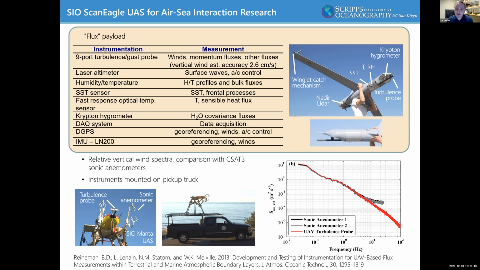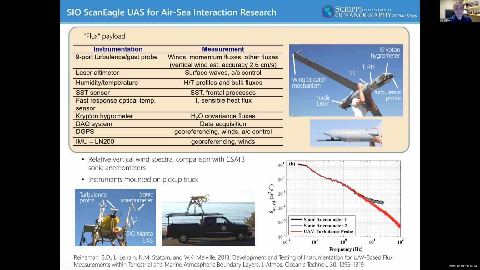Again, if you are interested in flux, you want to be able to measure the vertical velocity, the vertical transport. So, through the course of his PhD, we developed this 9-port turbulence gust probe that measures winds and momentum flux, along with other fluxes when you combine it with other variables at the altitude of the aircraft.